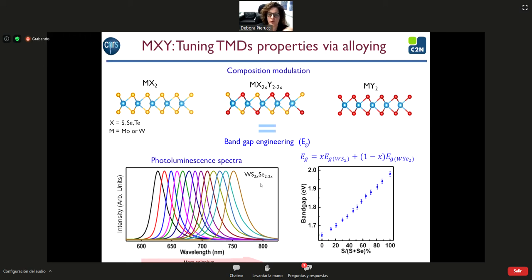In particular, for example, for this alloy of tungsten, sulfur, and selenium with different compositions of selenium, increasing the selenium composition, we can have a band gap going from 600 nanometers to 750 nanometers. So this band gap engineering is very interesting from the point of view of optoelectronic applications of these materials.